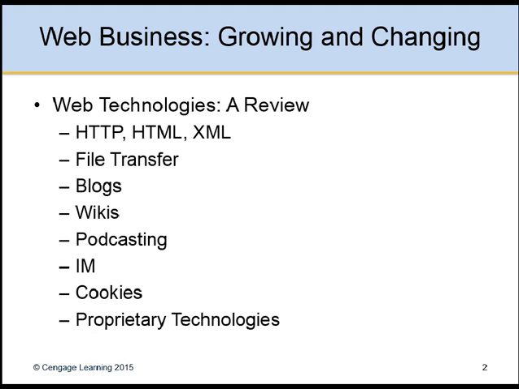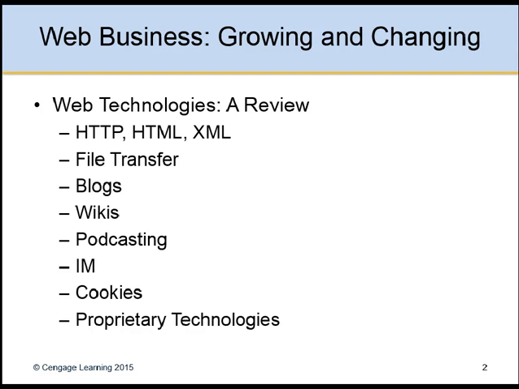Hypertext Markup Language, or HTML, helps developers create web pages. It determines the look and location of content. Extensible Markup Language, XML, enables the creation of various data types. It conveys the meaning or content of the data.